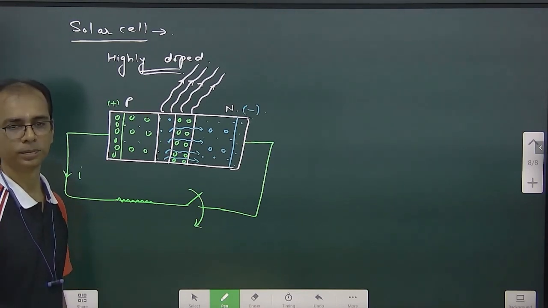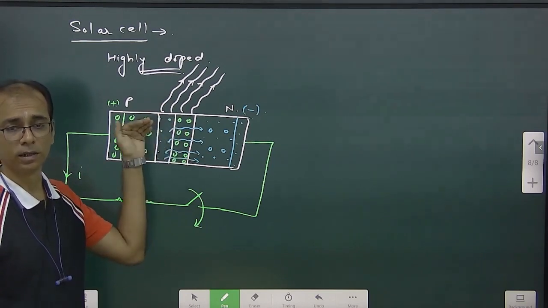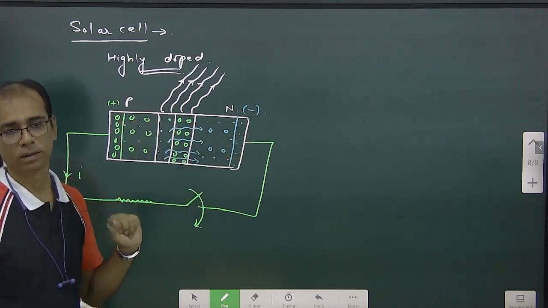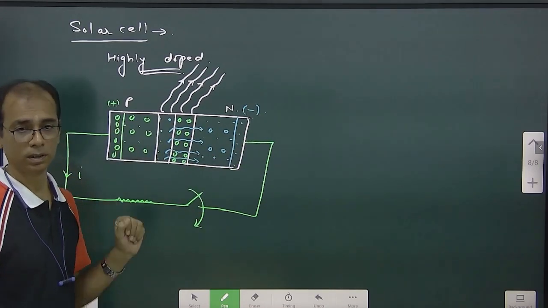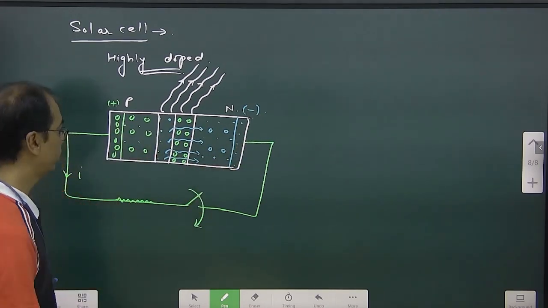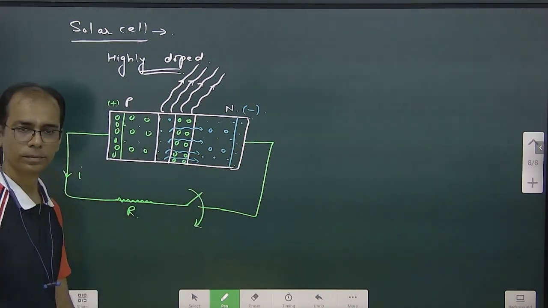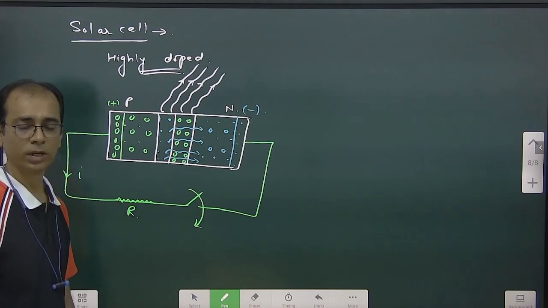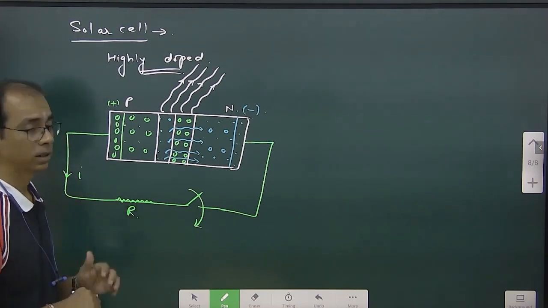Drift. This is the direction of drift current because it's from the depletion layer. Electrons are going in this way, whereas in diffusion, electrons go from N to P. Here it is coming from P to N. So it's the direction of drift current. This is the working of solar cell. Clear?